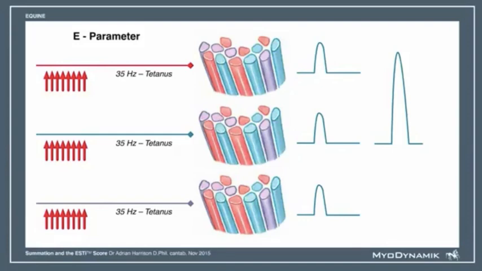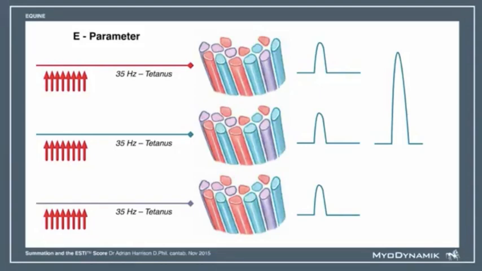They begin to fire at the same time, resulting in perfect synchronization of fiber contraction, and as a result, the blue force curve looks typically more like the one illustrated in this slide. No longer round-topped, but instead more pointed.